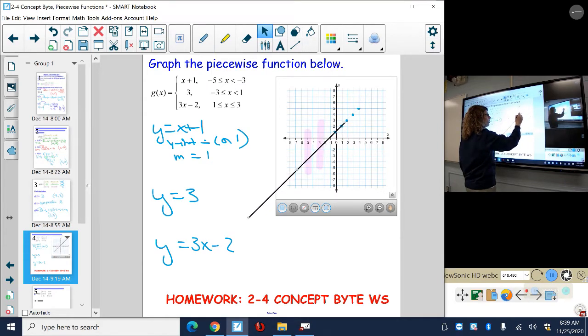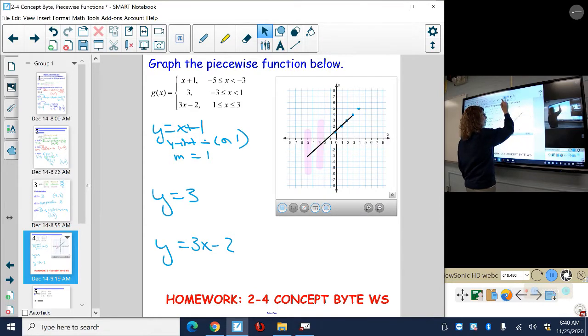And I'm going to only use it, need a couple more points there so that I can see it a little bit easier.